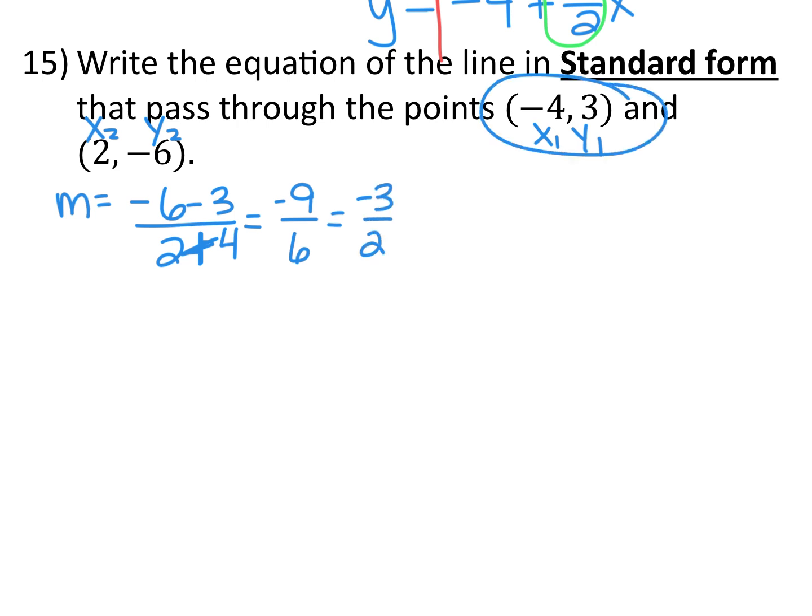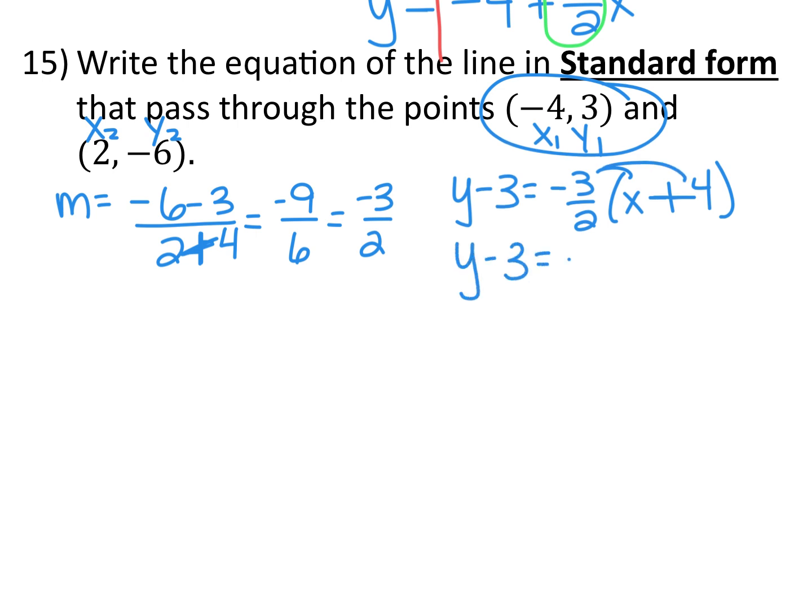I'm going to go ahead and use this first point. So y minus 3 equals negative 3 over 2 times x minus a negative 4, which makes this a positive. So we're going to distribute. y minus 3 equals negative 3 over 2x. You can put this in your calculator if you need to.